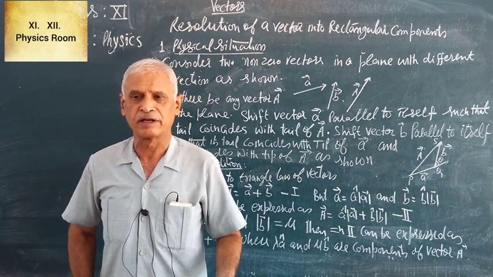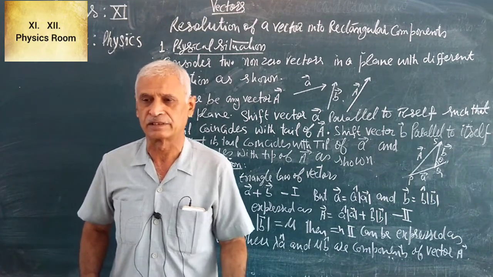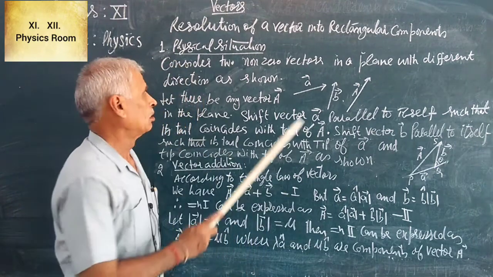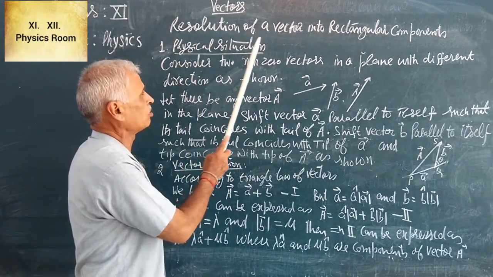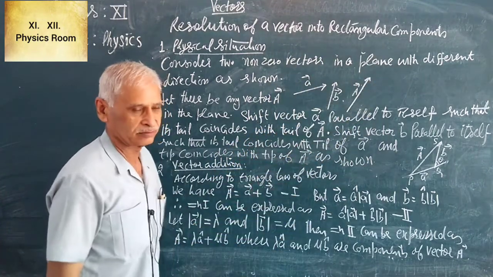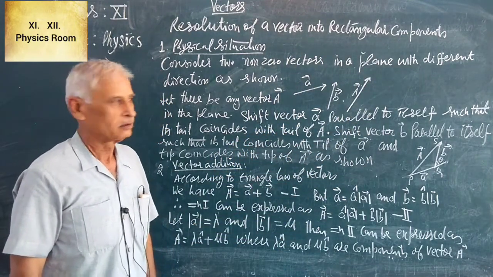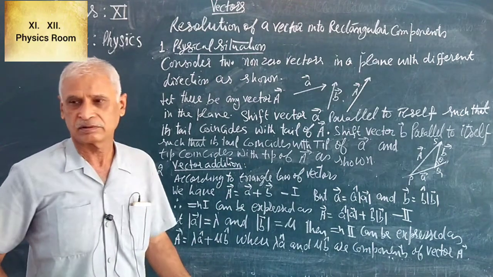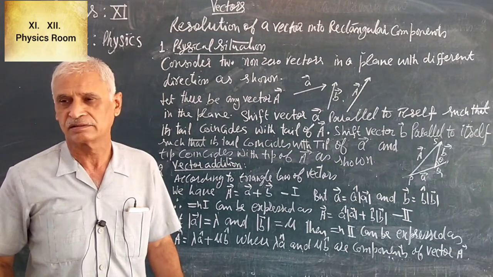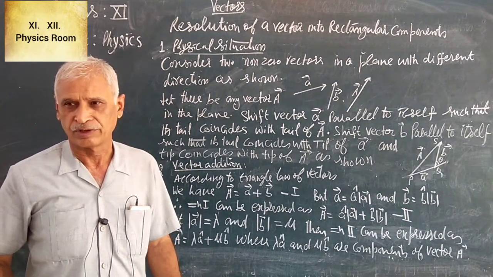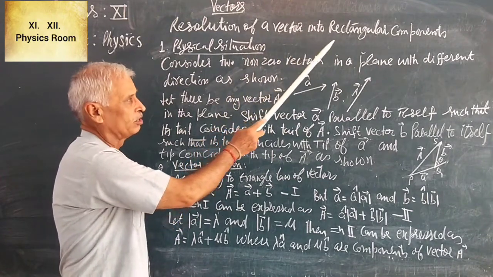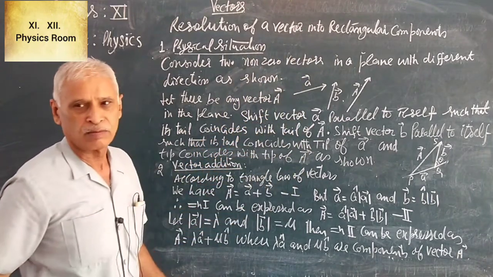After learning about triangle law of vectors, we come again to resolution of a vector into rectangular components. Previously, we have learned resolution of a vector into trigonometric components. Now, we have to learn about resolution of a vector into rectangular components.